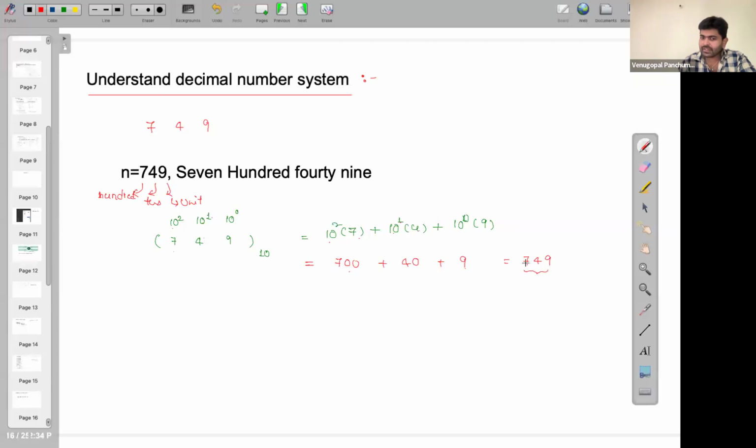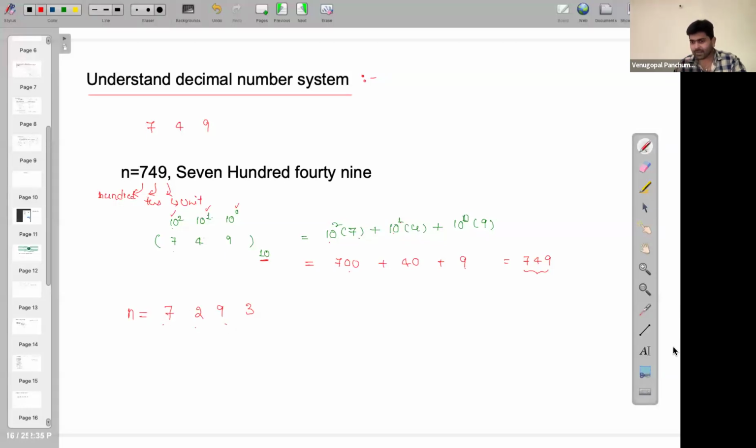The reason we read it this way, friends, is because it is in base 10: units place, tens place, hundreds place. This is not only applicable to this number, you can take any other number. For example, if I take another number, 7293, how are we going to pronounce this?